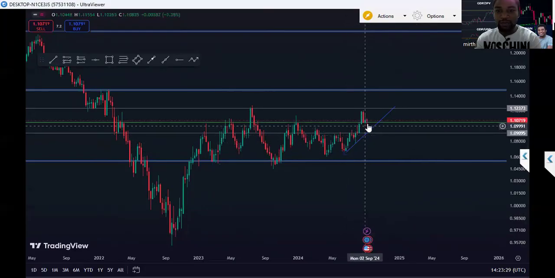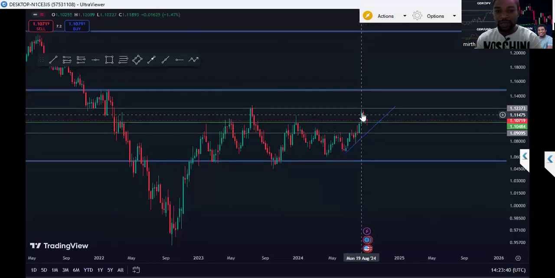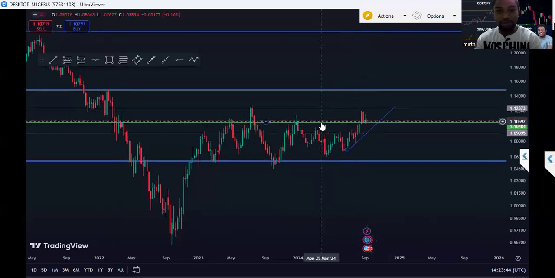Ideally, I'm looking for this market to touch this place to be the touch of the trend line for Euro USD. It's going to be nice if I see it, although this is the neckline. In the book, they will tell you that this place is the neckline.